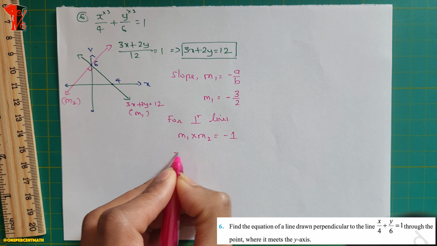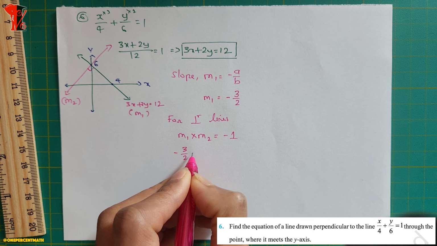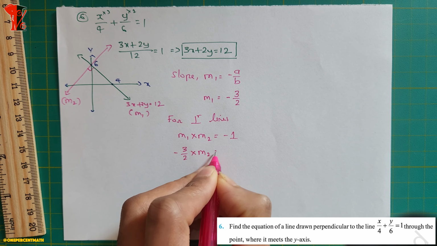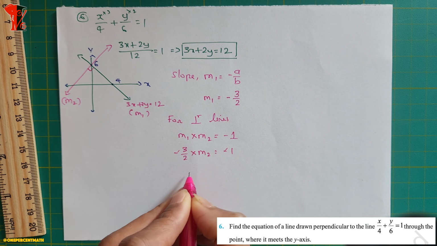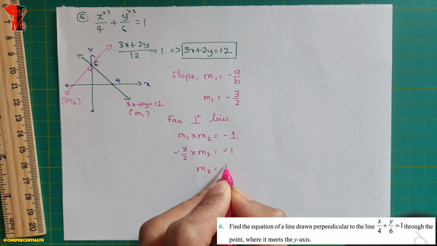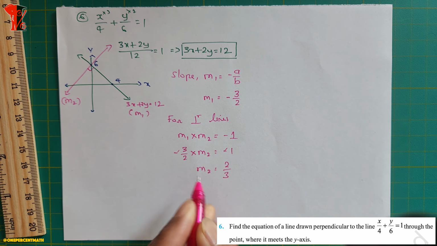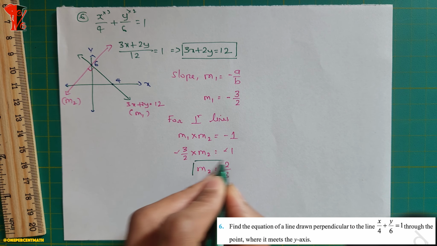That means m1, which we already know, is minus 3 by 2, into m2 is equal to -1. So you can cancel minus and minus. So m2 is equal to 2 by 3. So 2 by 3 is the slope of which line? The second line which we want.